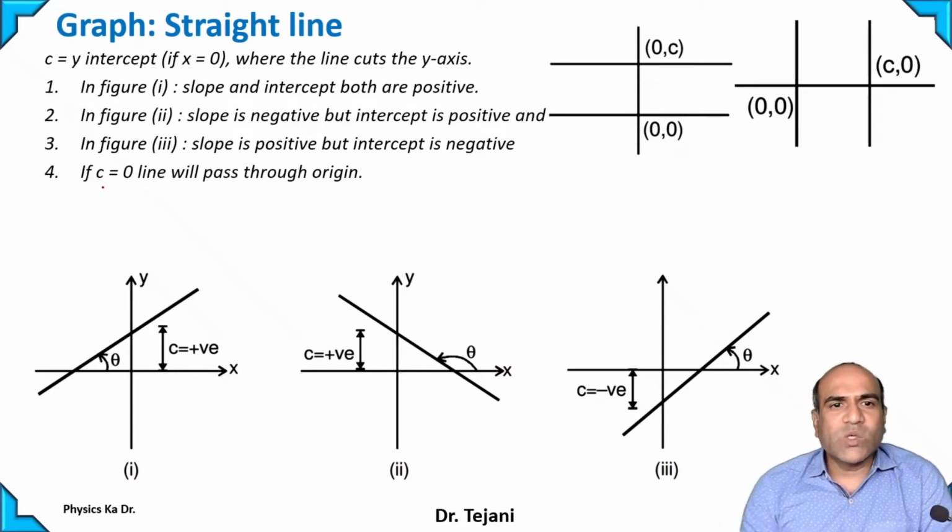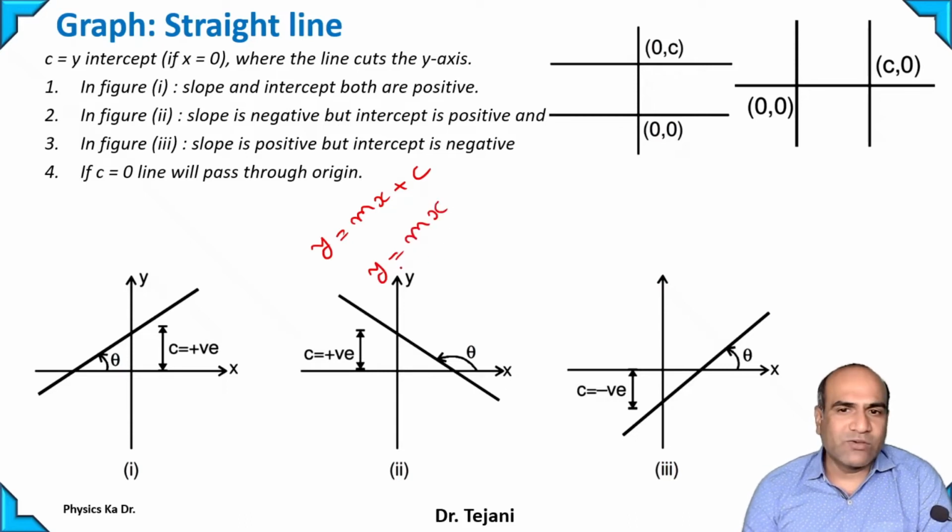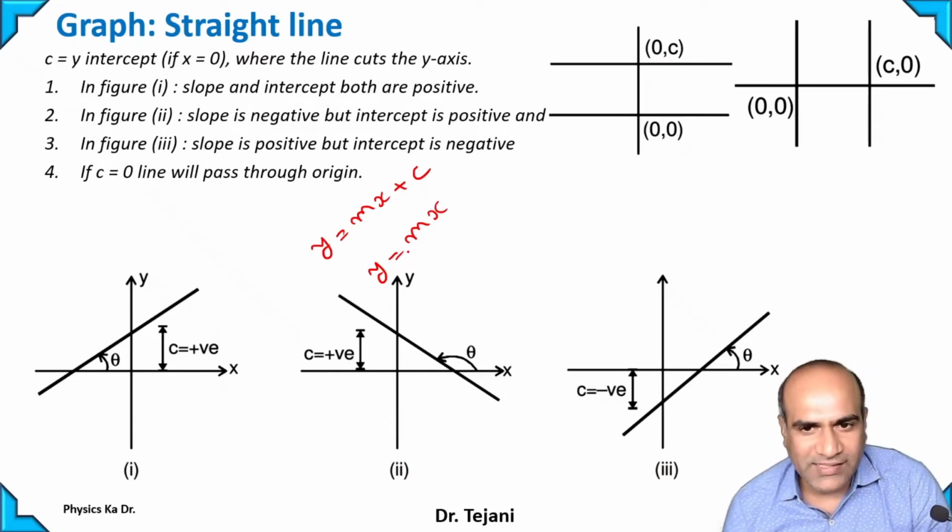Then if C is equal to 0, what does that mean? The original equation is y is equal to mx plus c. That means y is equal to mx. Right?